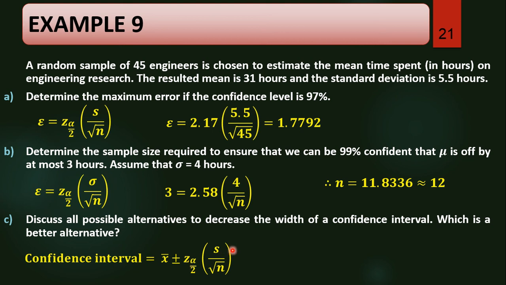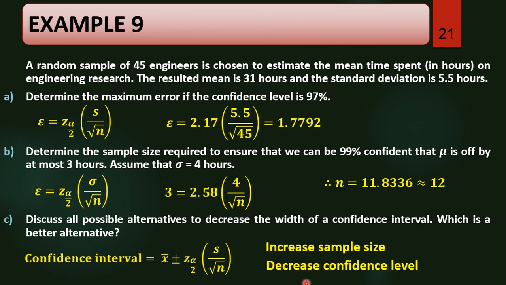We have S, the standard deviation. We have N. We cannot change anything for S because S comes from our data. So the two possible ways to decrease the width of a confidence interval are increasing the sample size N or decreasing the confidence level.